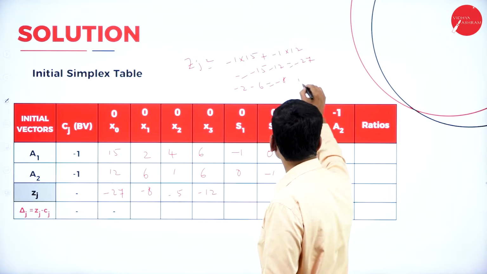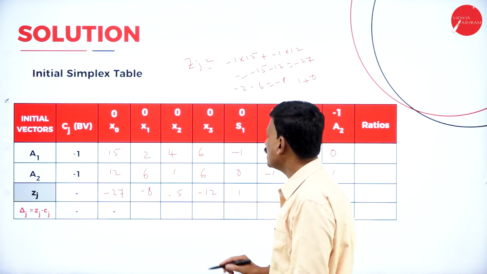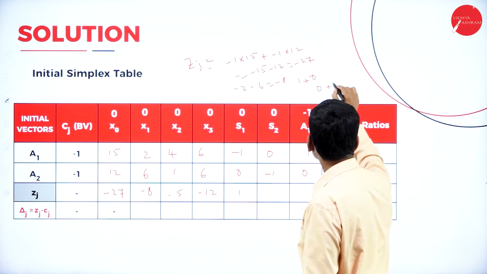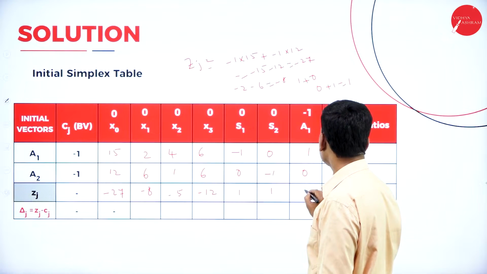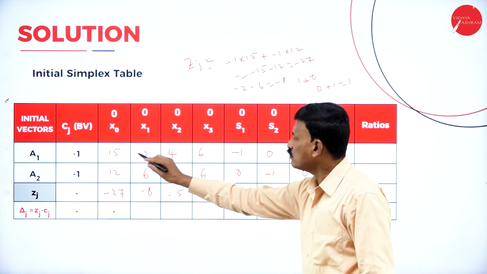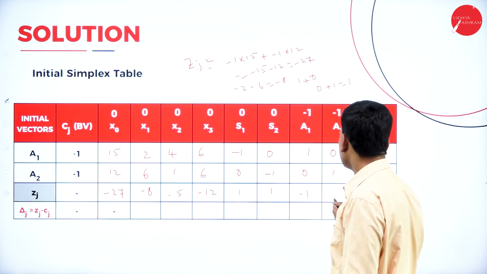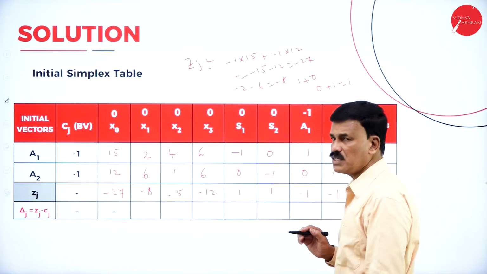Then -1 into 0 is 0, minus into minus plus 1, so 1. Again -1 into 0 is 0, minus into minus plus 1, equal to 1. Again -1 into 1 is -1 plus 0 is -1. Again -1 into 0 is 0, minus into plus is -1. So these are the values of zj.